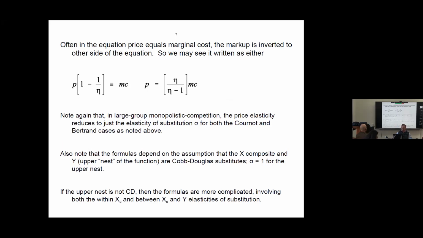So we have two things. So eta goes to 1, then you get perfect competition, right? No, you get monopoly.